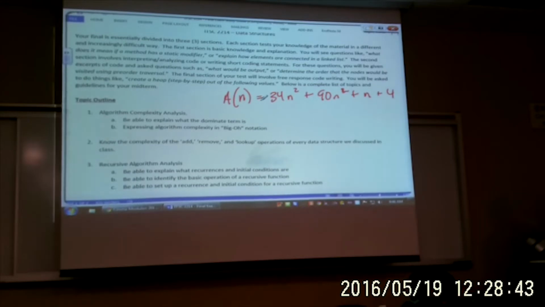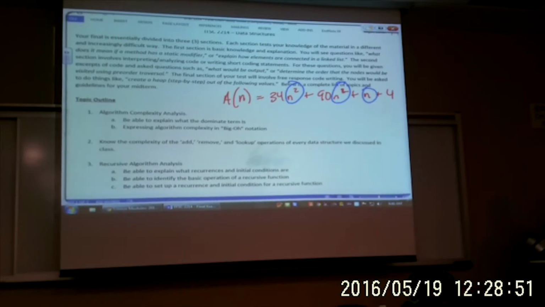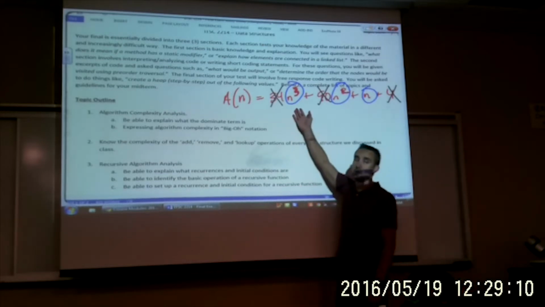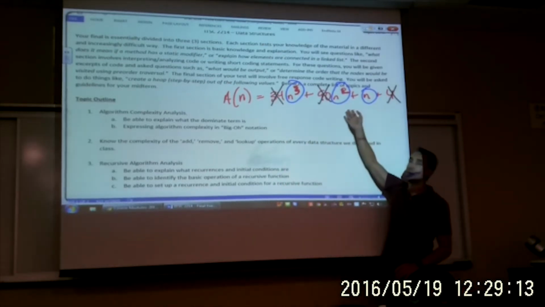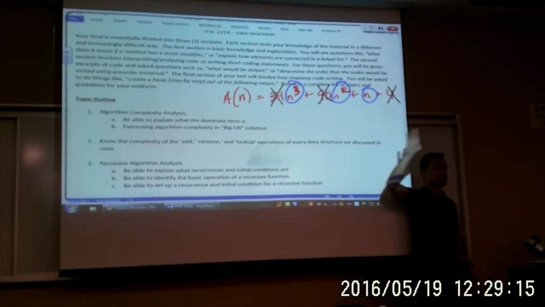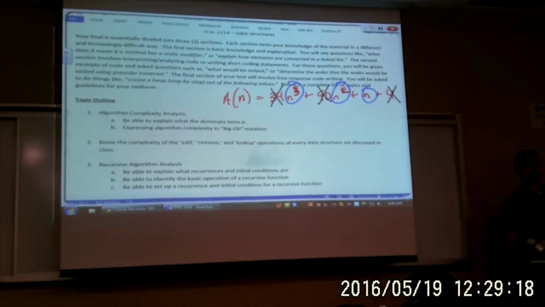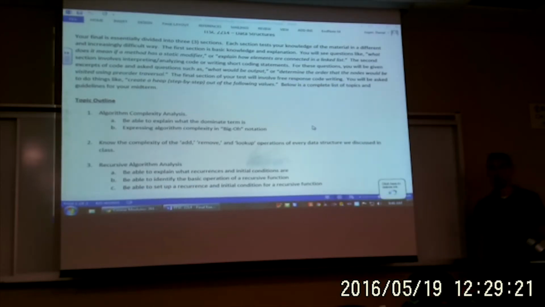First of all, the dominant term is the term that contributes most to the growth. Because we ignore constants, we ignore 34 because it's a constant, 90 is a constant, and so is 4. So clearly, I said n cubed, but I wrote it 2. It should be a 3. That's a 2. N cubed contributes more to the growth than n squared does. Does this make sense? Everybody good? Both with what the dominant term is and also how to pick it out.